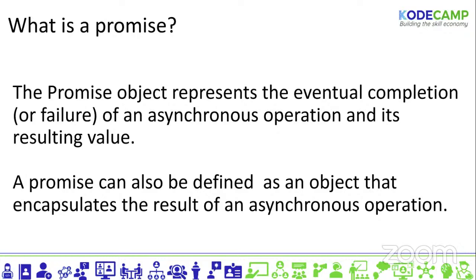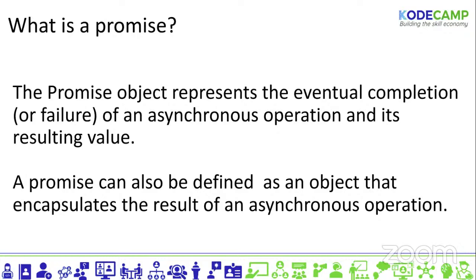So now let's talk about promise. The first thing you need to understand is that a promise is an object. We instantiate objects by using the new keyword. We'll see how that works. The promise object represents the eventual completion or failure of an asynchronous operation and its resulting value.